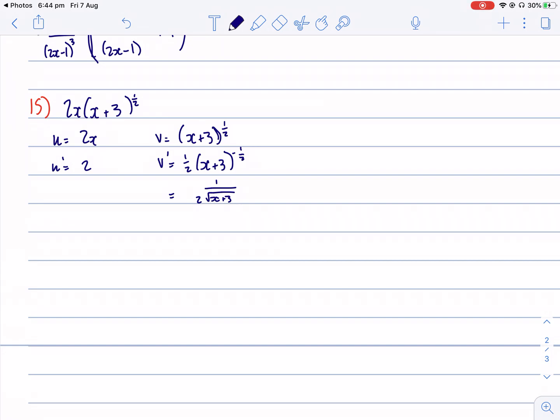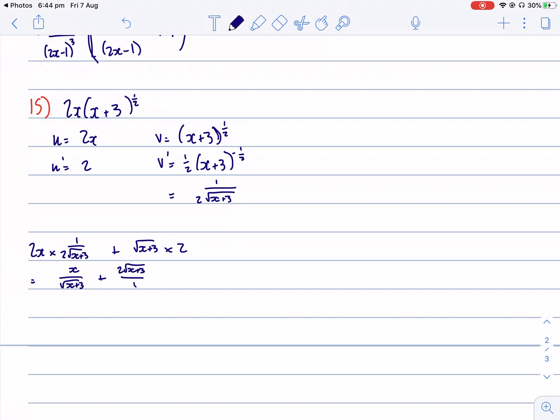So we're going to have 2x times 1 on 2 root x plus 3, plus root x plus 3 times 2. On the left-hand side, those 2's cancel out, so we've got x over root x plus 3. On the right, we've just got 2 root x plus 3.